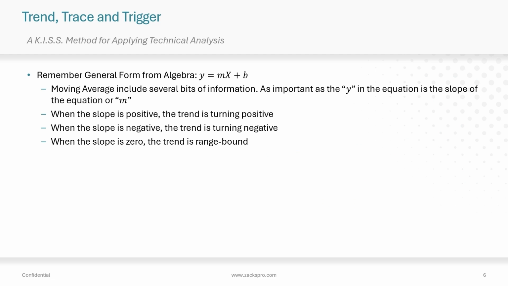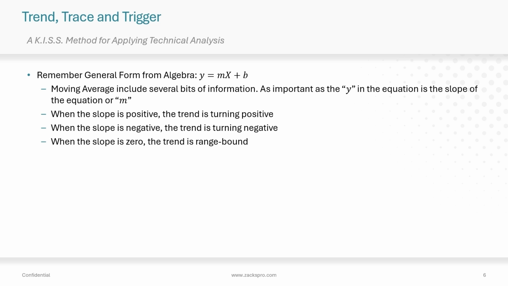So I want you to go back, way back to your algebra classes back in the day and general form, which is y equals mx plus b. This is the slope of a line, plus that shift on the y-axis gives you where that price is, right?